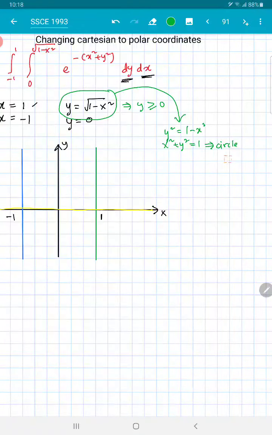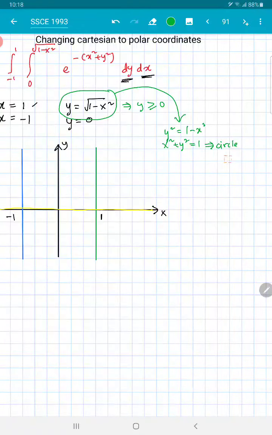The red circle is governed by this equation. So the lower limit for r is 0, and it stops on the red circle where r is 1. That's how we get the limits for r and theta from Cartesian.